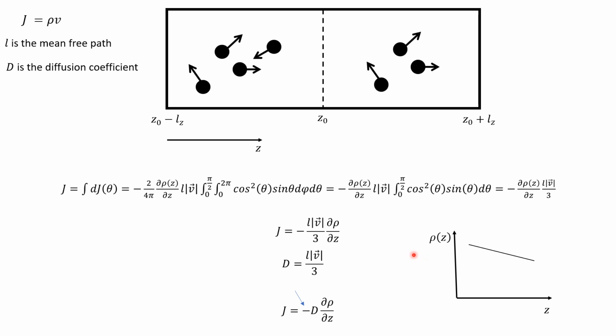That's why when we let two systems with different concentrations interact, after some time, in other words, in equilibrium, the concentrations will be constant, because there will be diffusion of particles from the system with higher concentration to the system with lower concentration.